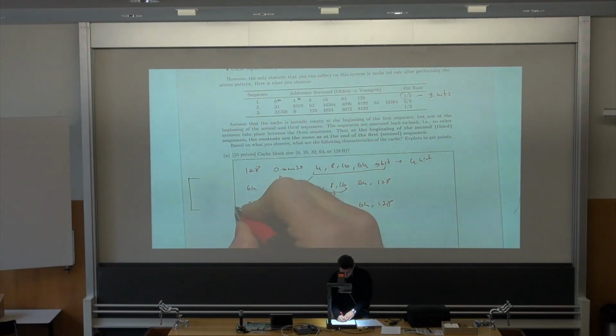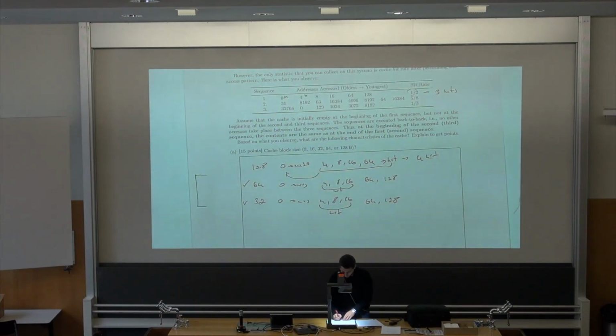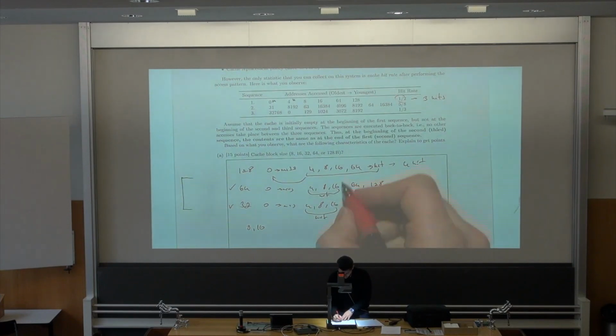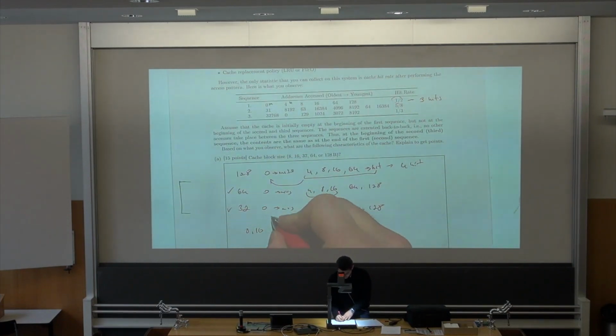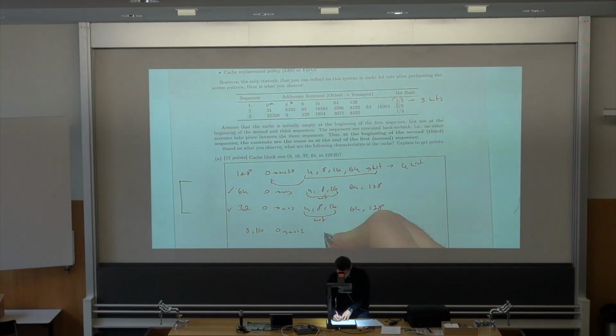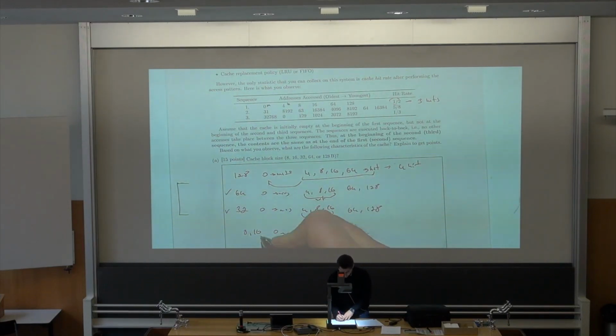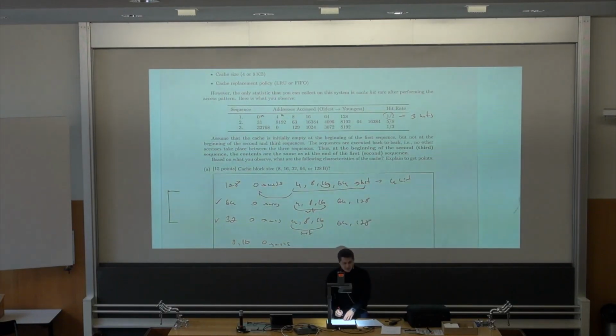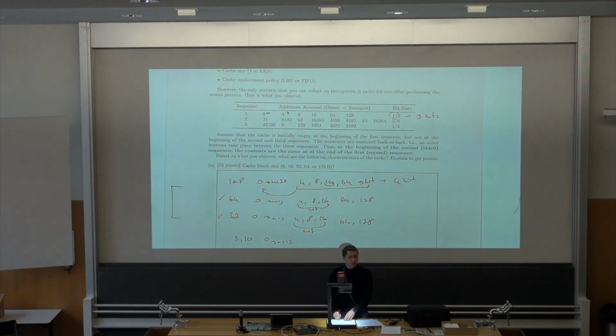So this also kind of works for now. And for the last option, we have 8 and 16, but 0 will again be a miss for both of these, and for both we won't be able to include 16. So we will end up with at most 2 hits. And this is not going to work either.